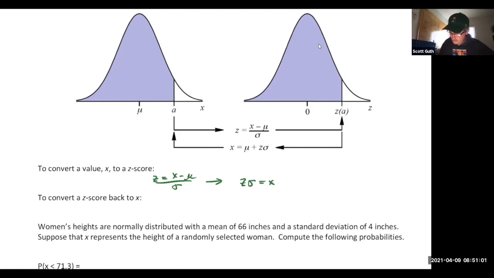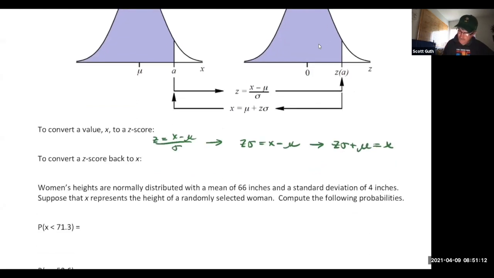Then add the mean to both sides, and you have z sigma plus mu is x. So that's a formula that will take z and convert it to x. So x is mu plus z sigma. That is the mean plus z standard deviations.